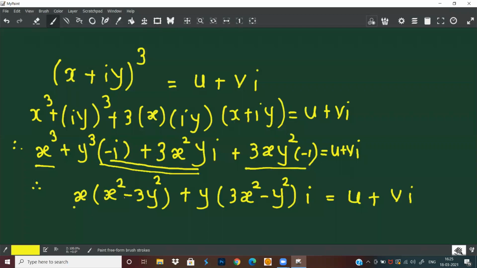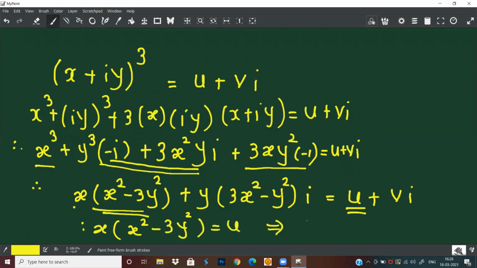Okay. I think please check your internet once again. So this is your real part. You equate your real part with this. So you will have x into (x square minus 3y square) is your u. We wanted x upon u, right? So x upon u, it's okay, now it is visible, na?